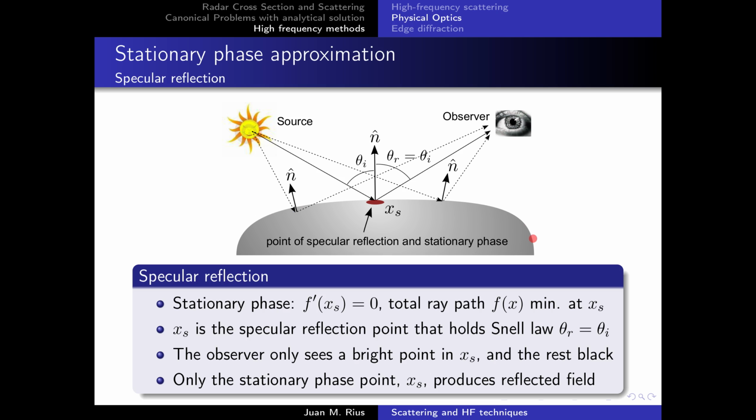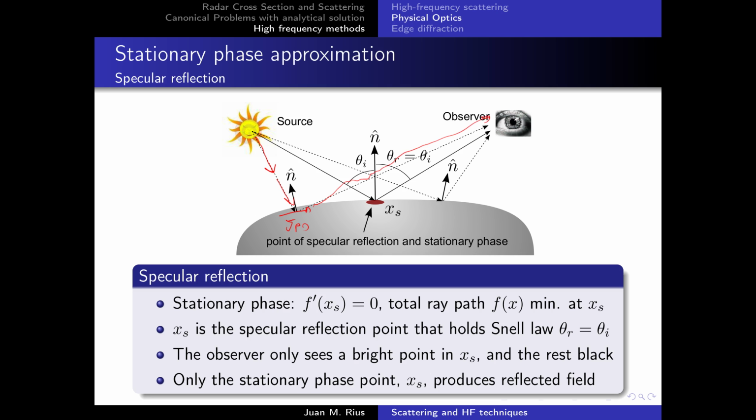The physical optics integral integrates the contribution of the current at all points of the surface. For example, here we have an incident field. This incident field produces a physical optics current, and this current produces a contribution to the observer.